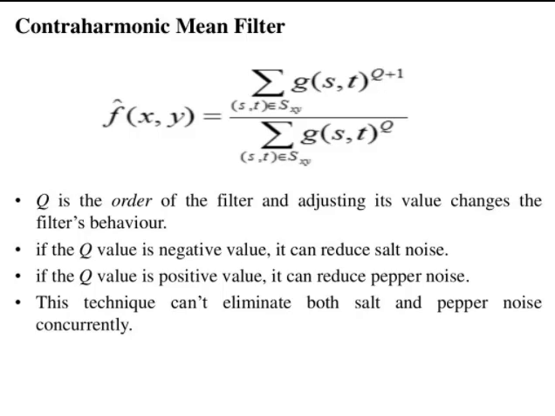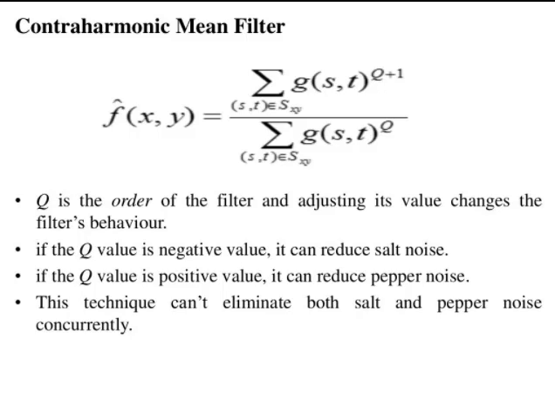Now the contra harmonic filter is used for impulse noise. It is the summation of g of s t raised to q plus 1 upon the summation of g of s t raised to q. Here q is the order of the filter, and adjusting its value changes the filter behavior.